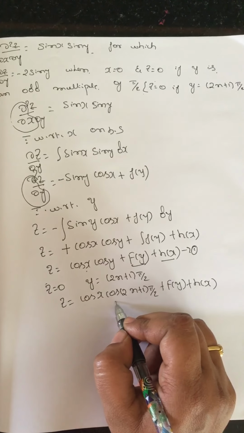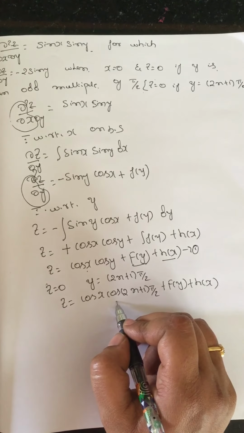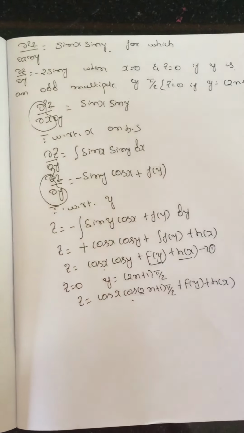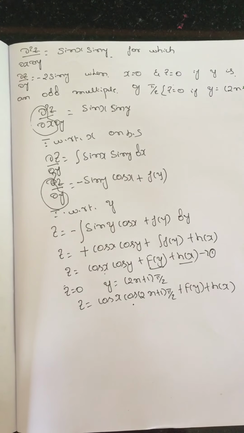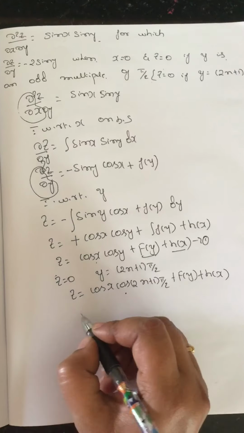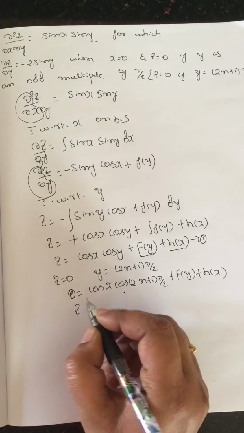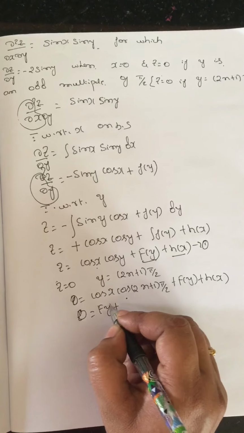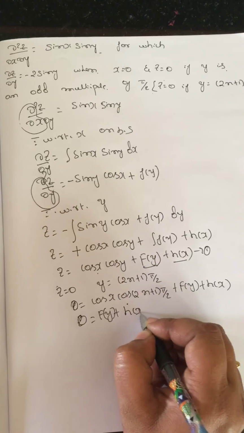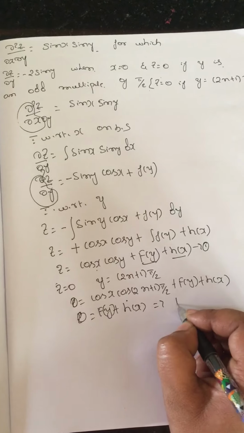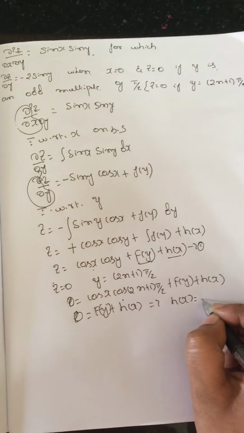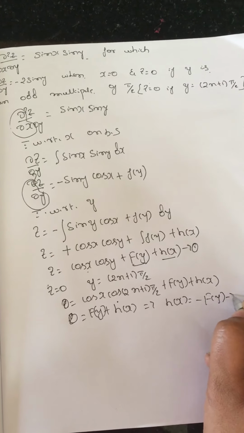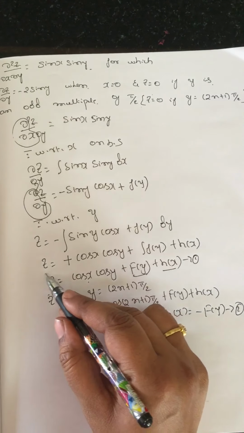Here the cos of an odd multiple of pi by 2 is 0, because we know that cos pi by 2, cos 3 pi by 2, cos 5 pi by 2 are all 0. Therefore the z value is also 0. So 0 is equal to capital F of y plus h of x. It can also be written as h of x is equal to minus capital F of y.